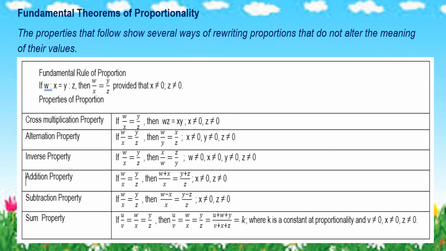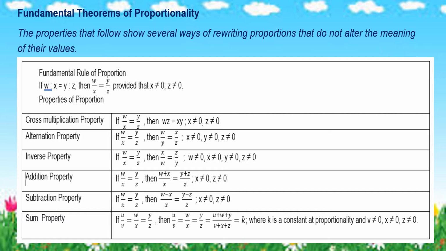Say for example, for number 1, we have cross multiplication property. So if we have w is to x is equal to y is to z, we can rewrite it by applying cross multiplication property. It becomes wz is equal to xy.